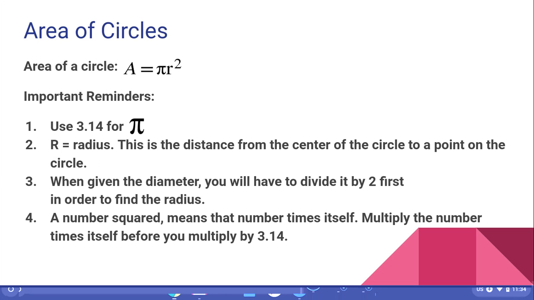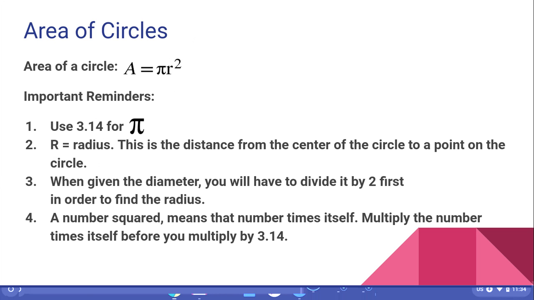If you don't know the difference between radius and diameter, you need to review that. And then you also need to know that the radius is always going to be half of the diameter. So let's say you're given a circle and the diameter is 10 inches. Half of 10 is 5. So 5 is what we're going to use for our formula because 5 would be the radius. We'll talk through that a little more in our examples.